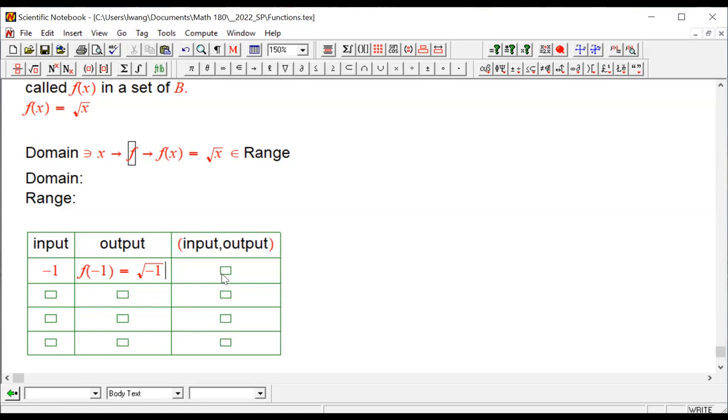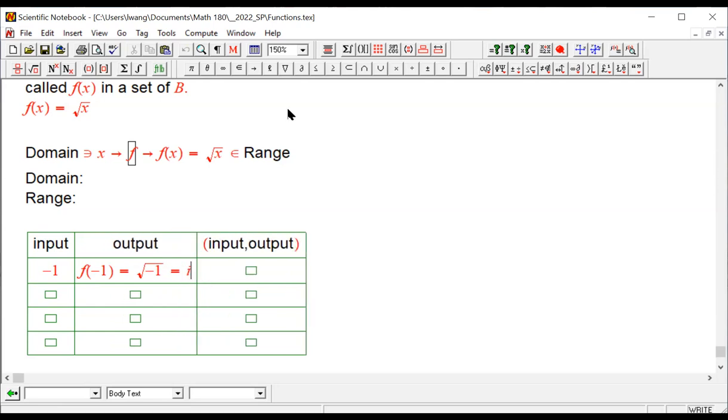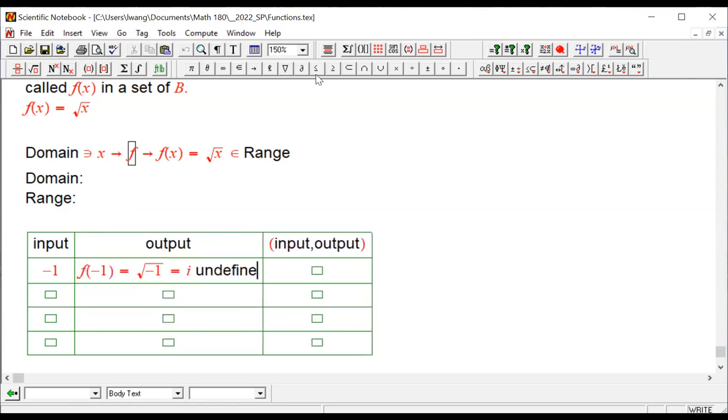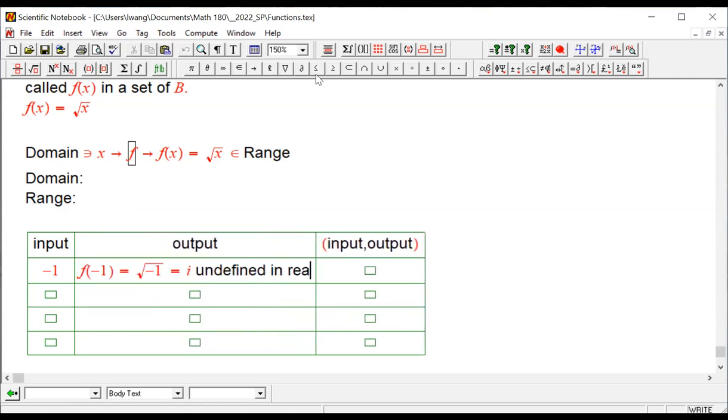We know that this number is no longer in our consideration of real numbers, because we're only doing real numbers. A complex number doesn't have a place in the rectangular system. It cannot be plotted. So in this case, we say it is undefined in real numbers.